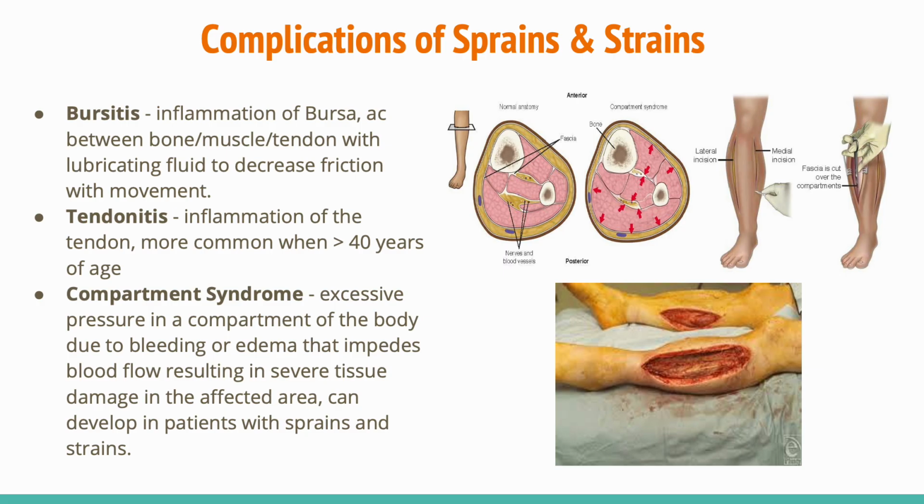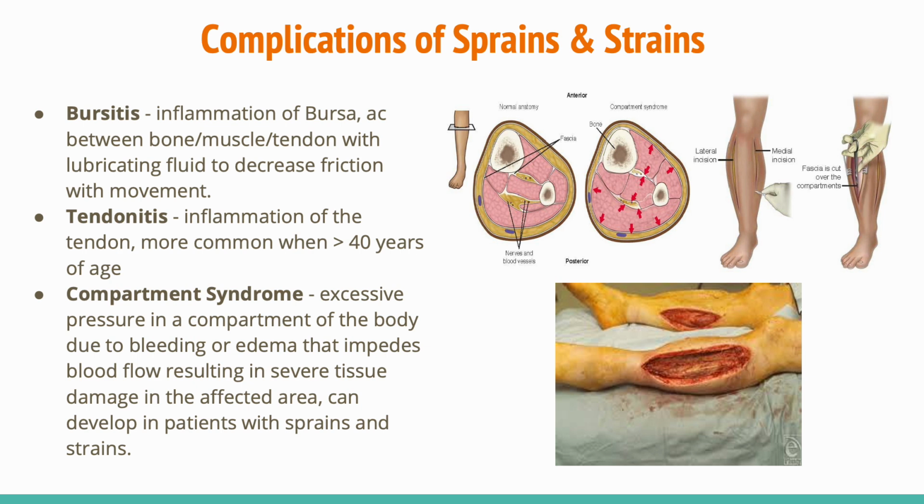The most serious complication is compartment syndrome. After trauma, bleeding and swelling increase the pressure within the closed muscle compartment, which is surrounded by the fascia. Now, because the fascia cannot stretch very much, the pressure continues to build. Eventually, the pressure exceeds the capillary blood pressure, cutting off blood flow to the muscles and the nerves.